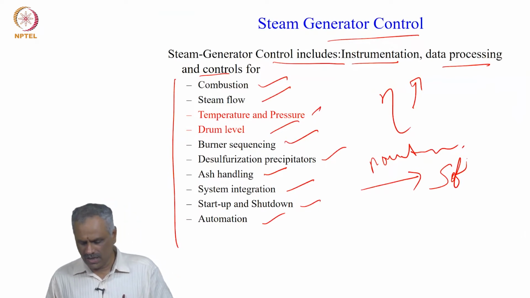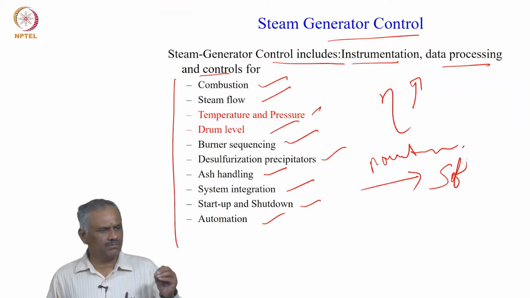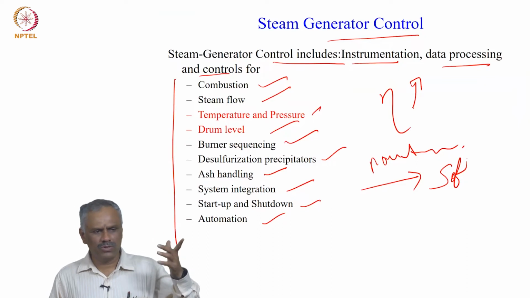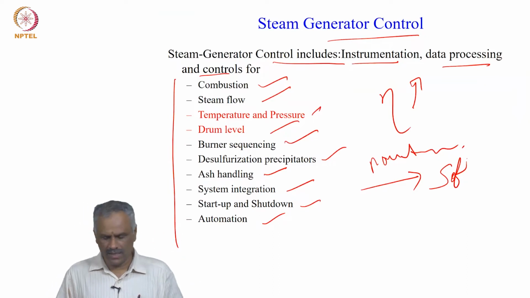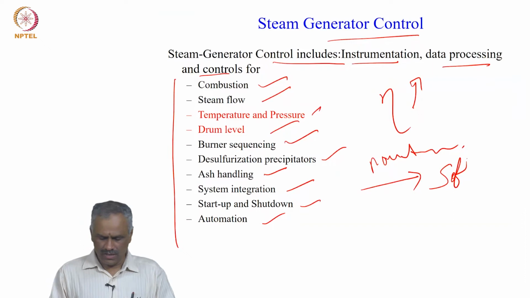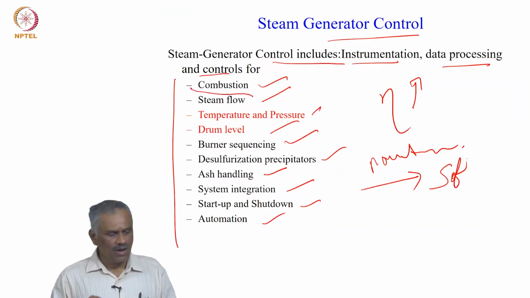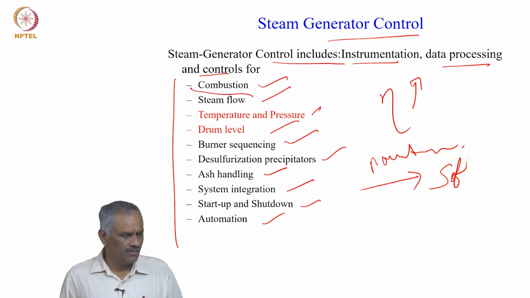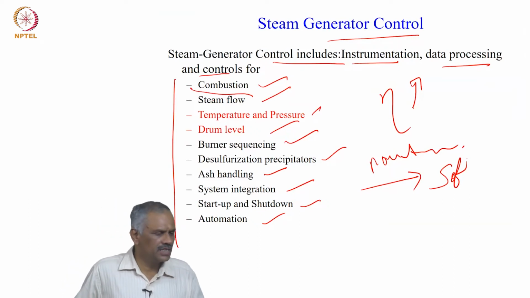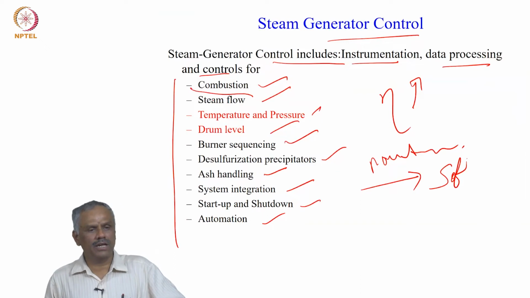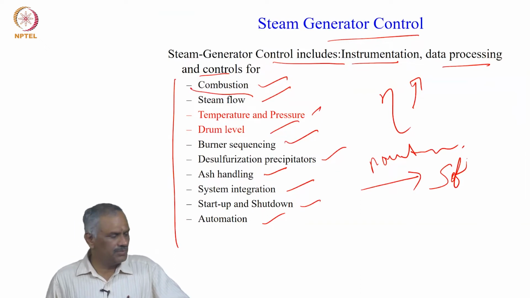So steam generator combustion means, see what happens, I told you in the previous case about attemperation. Here, combustion is the topic. In fact, recently, I think last week, BHEL people came to me.